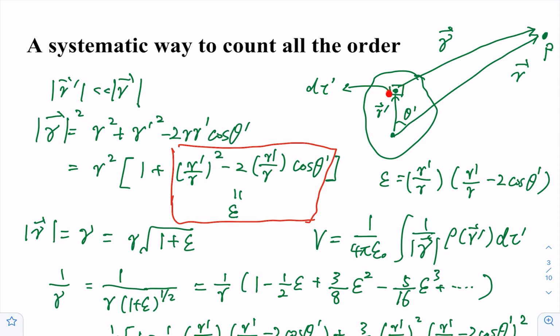We want to first calculate the field generated by this volume element at this observation point. This is the separation vector, this is the distance vector of the observation point, and this is the vector of the source. They are separated by this angle theta prime. The far field limit implies that the amplitude of this r prime vector is much smaller than r.